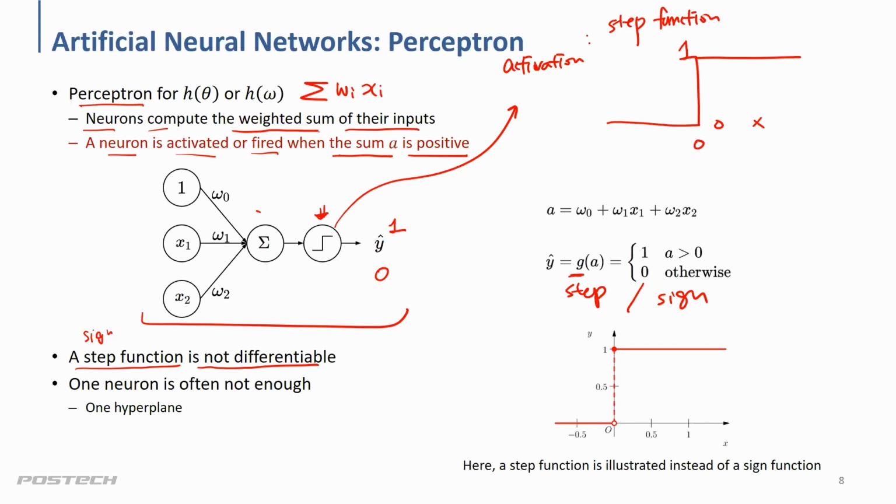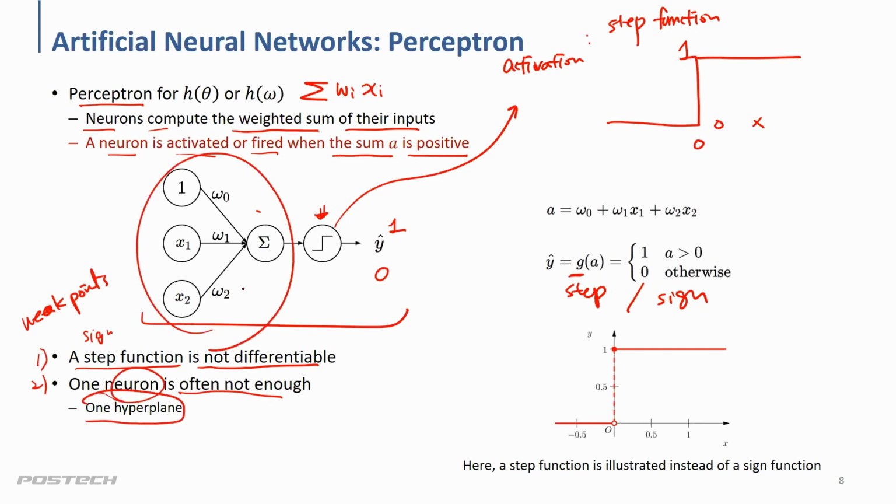So this is not good. That's a weak point of the perceptron. Another one is that one neuron is maybe not enough. One neuron represents one hyperplane.